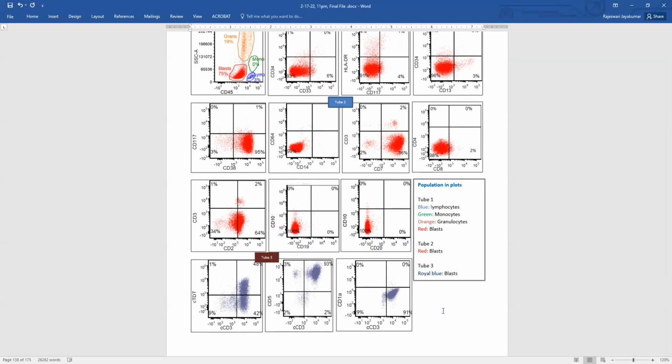So surface CD3 expression comes much later, in the late stages of cortical thymocytes, but in the early precursor stages they are usually negative. CD7 is consistently expressed from the bone marrow stage to the mature lymphocytes in peripheral tissues, so CD7 is always positive. It is usually bright, sometimes dim, but almost always positive.